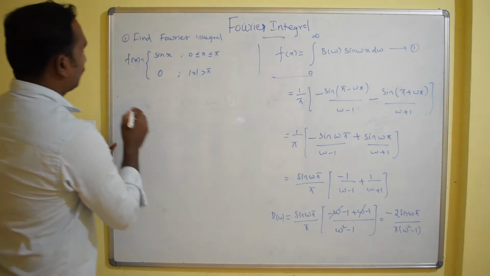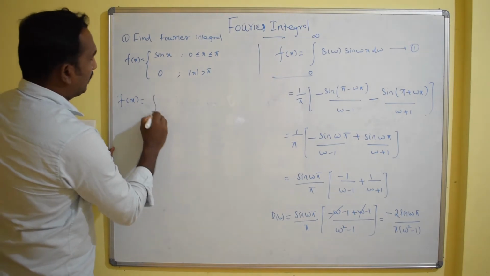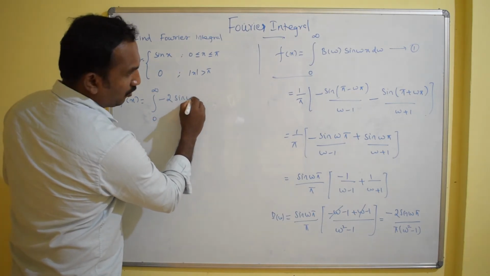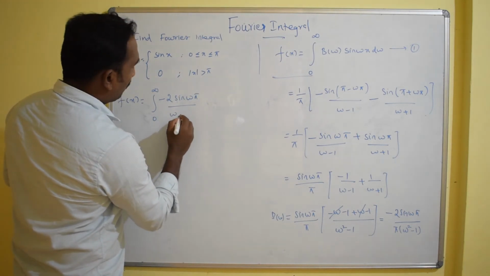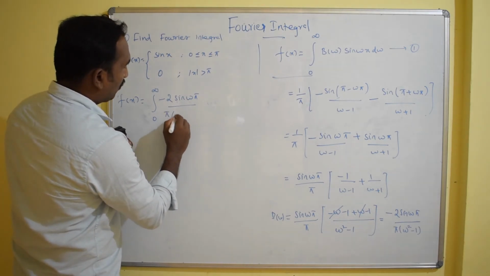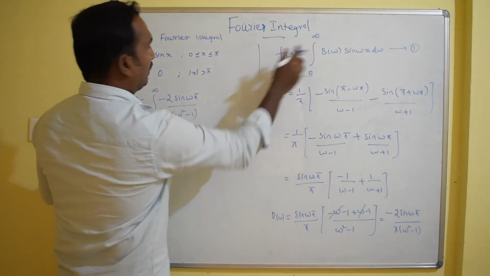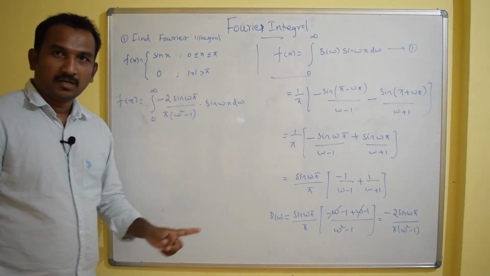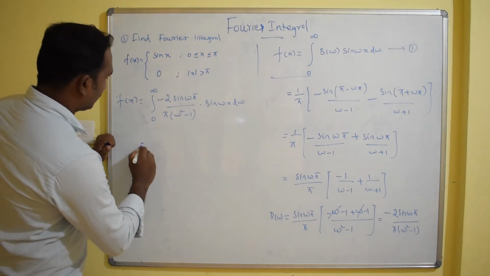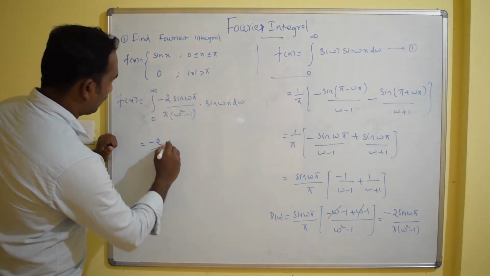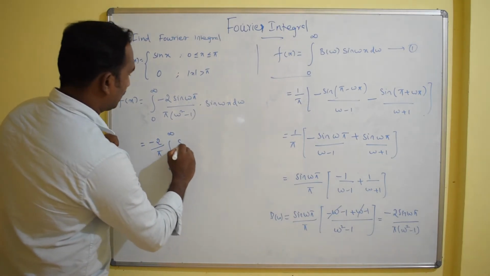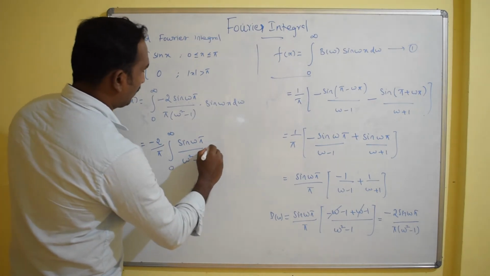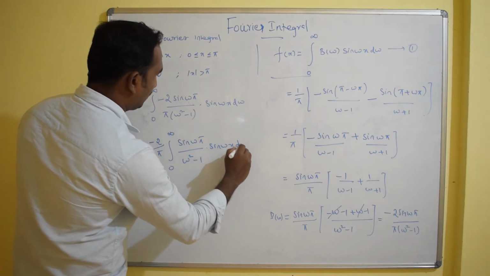So substitute this value here. So f of x will become integral 0 to infinity. What's the value here? Minus 2 into sine omega pi divided by pi into (omega square minus 1) into sine omega x into d omega. And we have some constant here, take it out, which is equal to minus 2 by pi integral 0 to infinity sine omega pi divided by (omega square minus 1) into sine omega x into d omega.